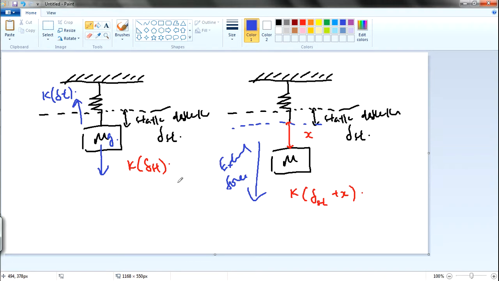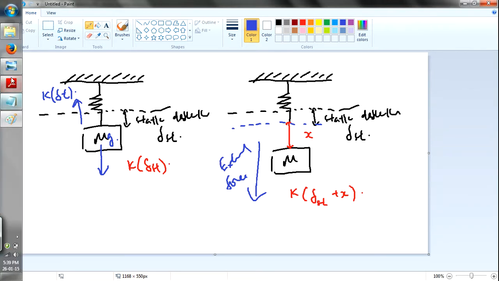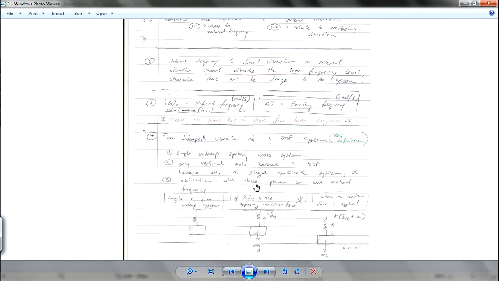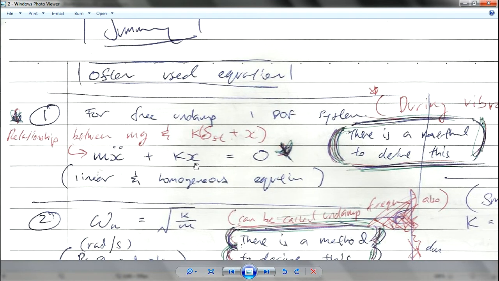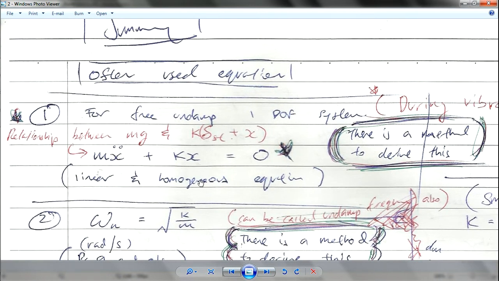So the very first equation that we need to introduce is actually this equation. We will have to derive this one, and then we put in certain stuff, and then we derive our omega n equals the square root of k over m.